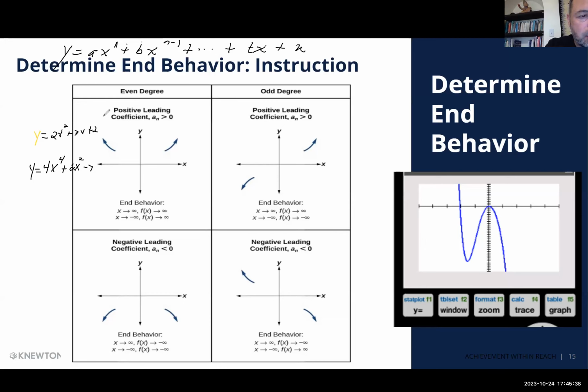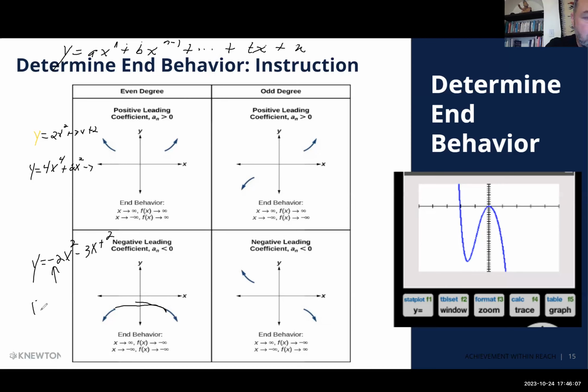Whenever it's even, the curves go in the same direction. If I had done, instead, minus 2x squared minus 3x plus 2, then that might make a quadratic that goes this way. The negative is going to make it go down.